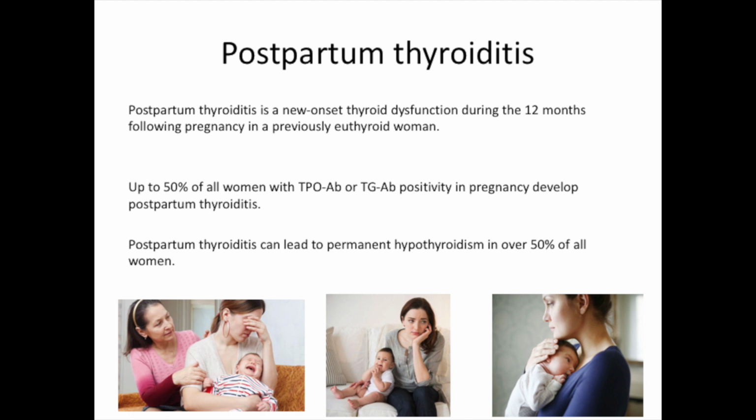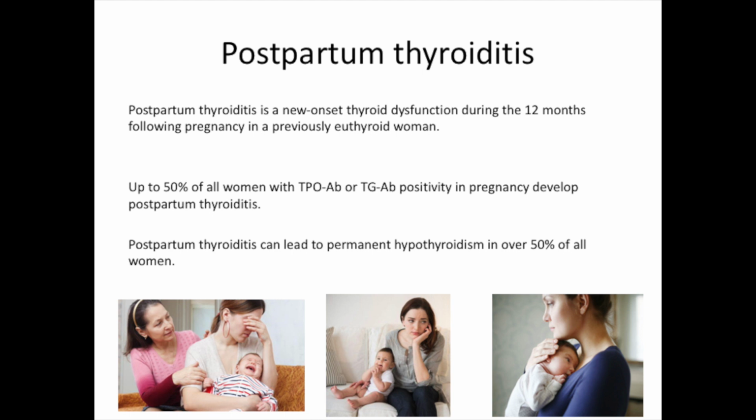So the patient was euthyroid during pregnancy and pre-pregnancy on no medications, but she has a high titer of antithyroid peroxidase antibodies or thyroglobulin antibodies. This gives her a 50% higher chance of getting postpartum thyroiditis.